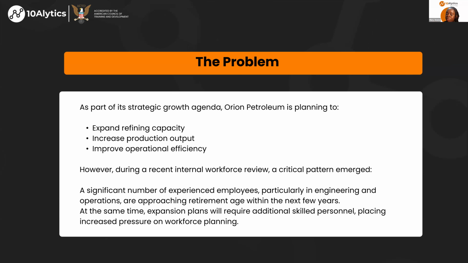A significant number of experienced employees, particularly in engineering and operations, are approaching retirement age within the next few years. At the same time, expansion plans will require additional skilled personnel, increasing pressure on workforce planning.